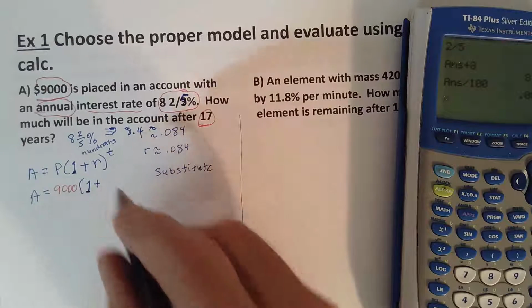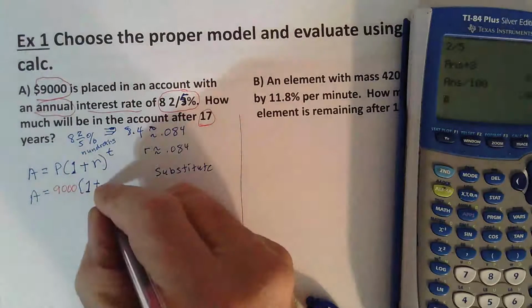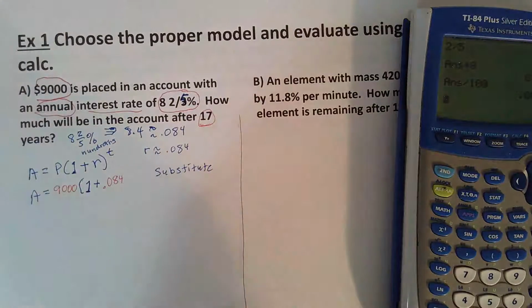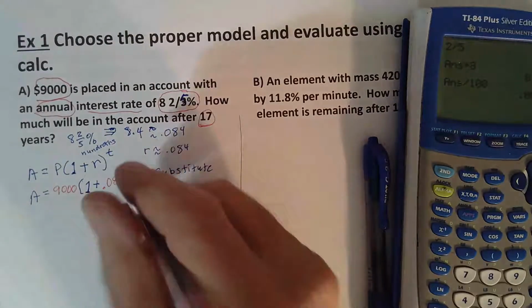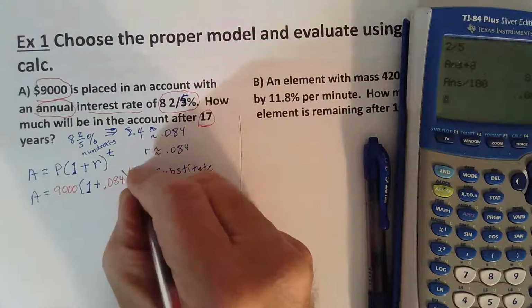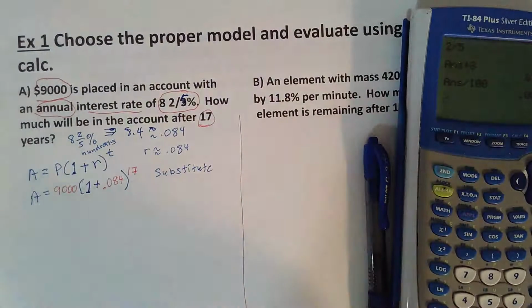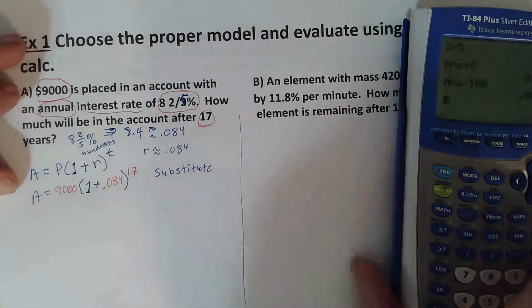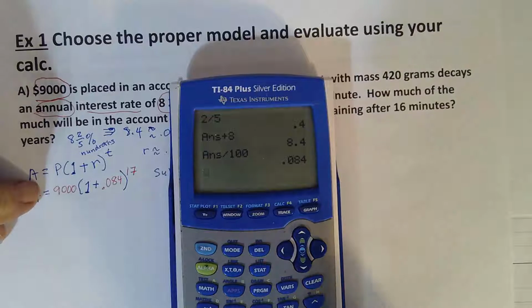Plus, and then the rate is 0.084. And then the exponent of time is 17 years. It's annual. And now we have our formula completely done. And you'll notice all we really need to do is simplify. We don't need to solve for A by undoing. We just multiply all this stuff together. And then of course take it to the 17th power.